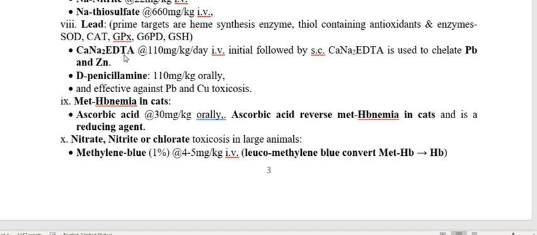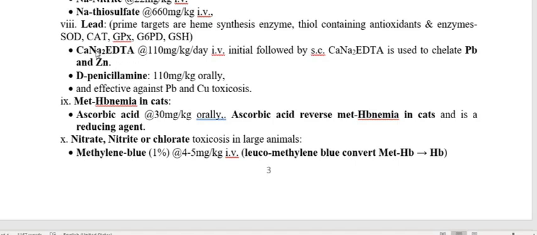A chelator means an agent which binds to the toxicant or poison and is removed from the body. The chelator for lead or zinc or other metals is calcium disodium EDTA.